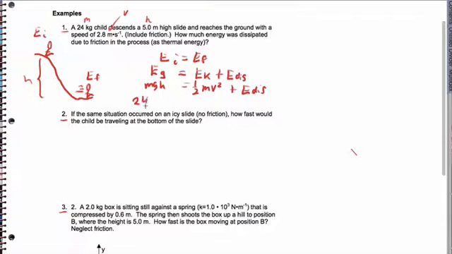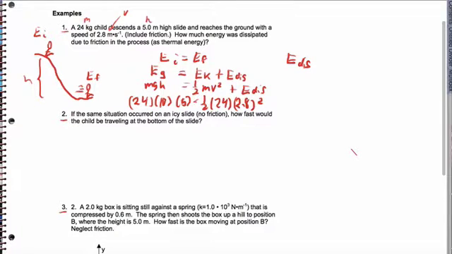So we have 24. I'll make g equal to 10 just to round it. Our height's 5 equals 1/2 times 24 times 2.8 squared. And we'll go ahead and solve for the E dissipated in that case.